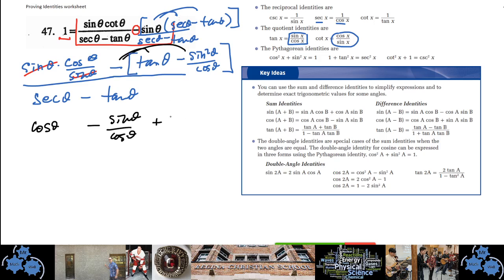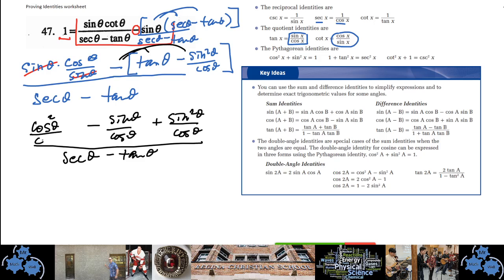That's going to be a plus sine squared over cos. Okay, everyone see that? Over secant theta minus tan theta. Okay. Well, now that I've got these over cos, it might be a good idea to make this one over cos as well. So cos is the same as cos squared over cos.